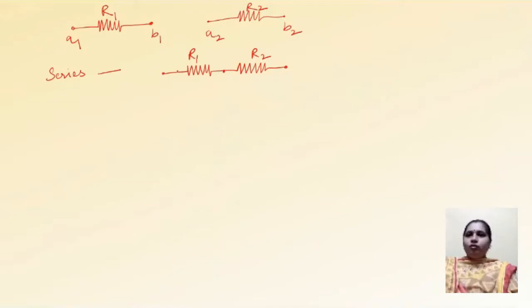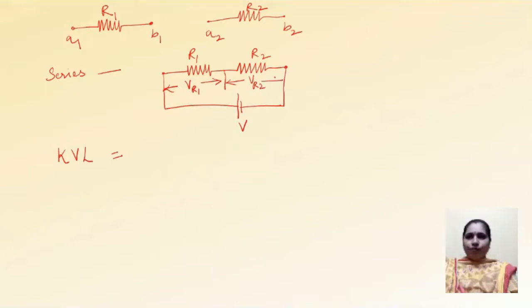Okay, so for this, if we apply voltage V, here we are going to get a rule or law known as Kirchhoff's voltage law. According to Kirchhoff's voltage law, the algebraic sum of voltage drops in any closed loop is equal to 0.